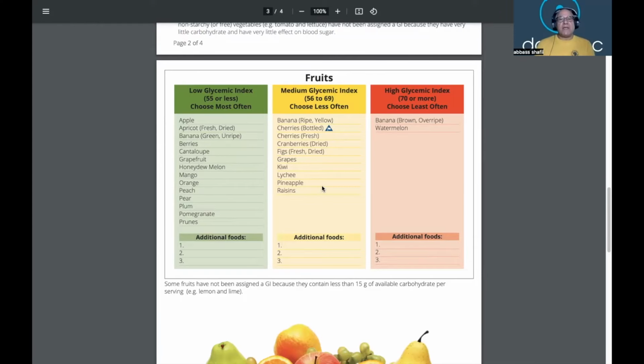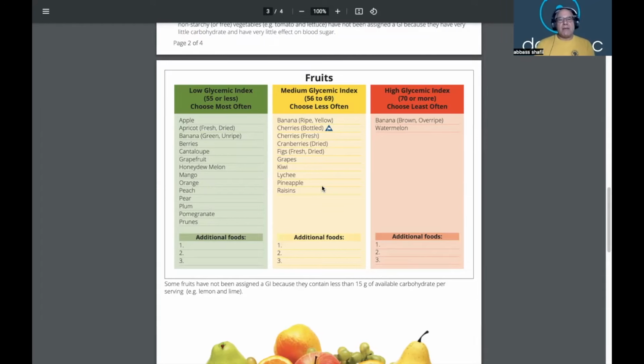And of course, the dried fruits are moderate to high, because sometimes, for example, in trail mix or other preserved dried fruits, additional sugar is added to make them last longer on the shelf. So consequently, you're not only eating the dried figs or other fruits, pineapples or even mangoes.